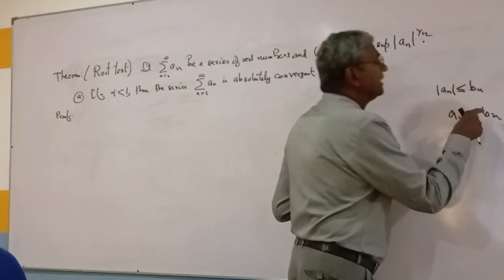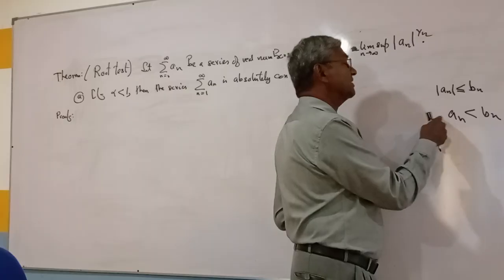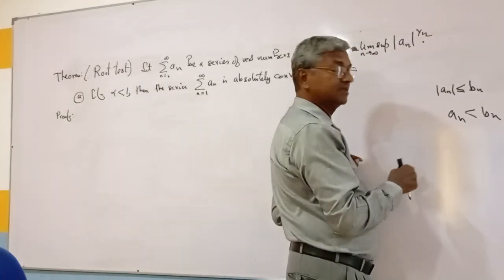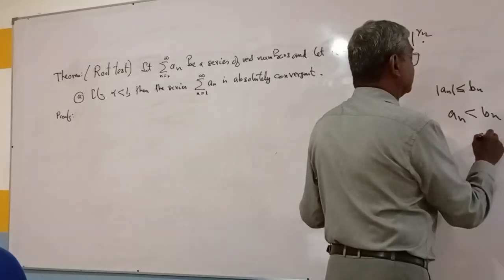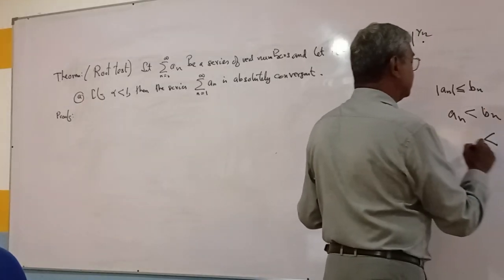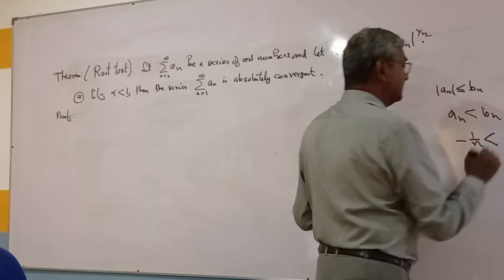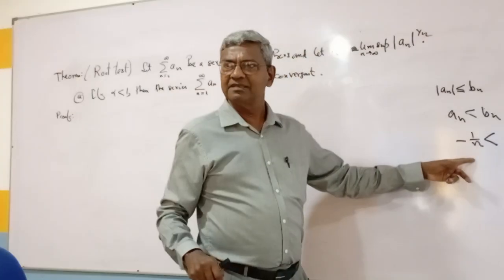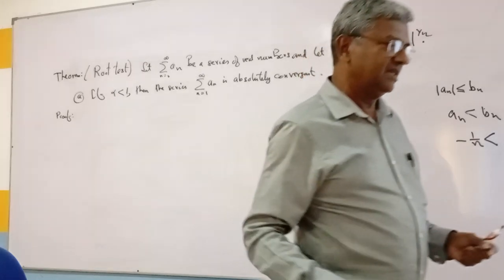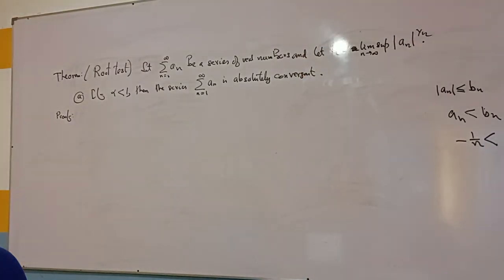One can say that if a bigger series is convergent, then the smaller non-negative series is convergent. Because for instance, say b_n is 1 over n squared, this is convergent, minus 1 over n, this is convergent, but this is not convergent. You have to have the absolute sign. Anyway, we did the comparison test.